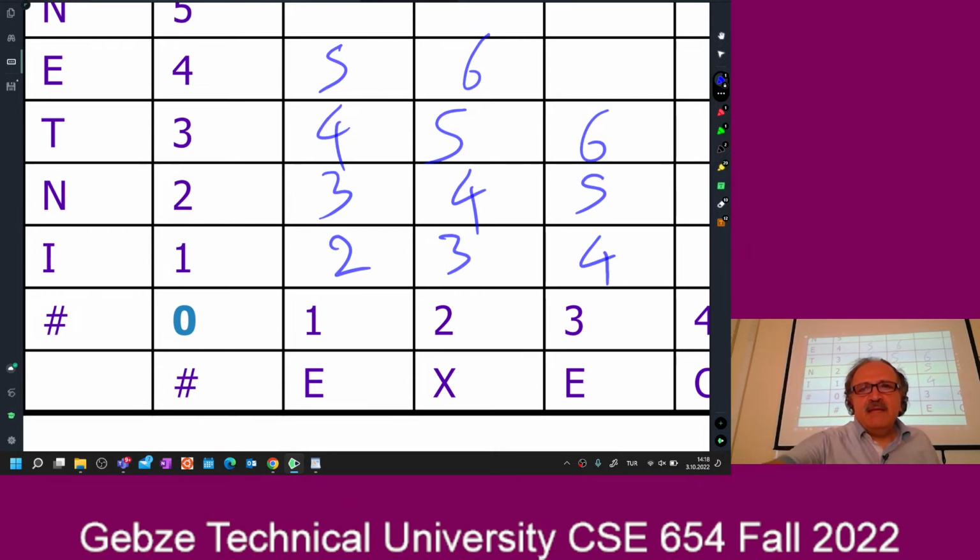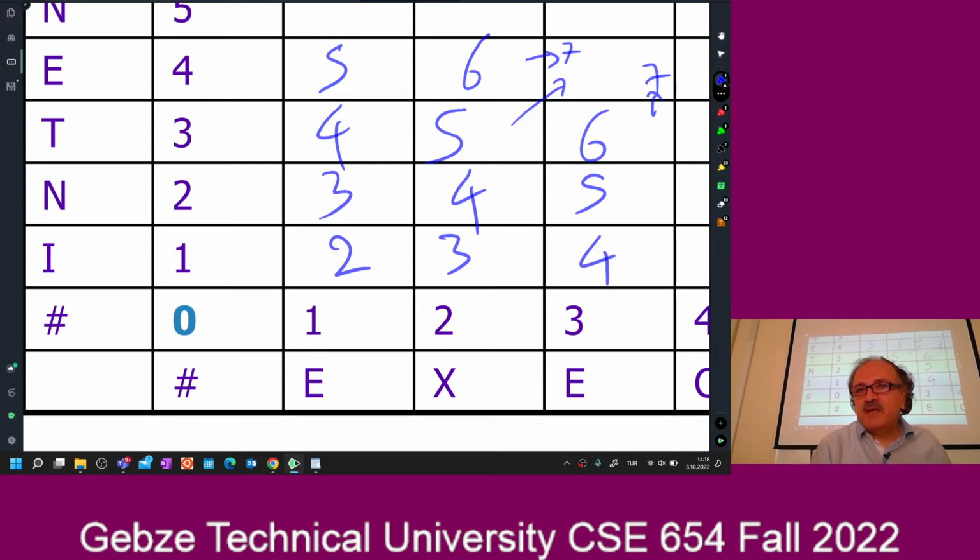If I delete this E, I can come to this place and it would be a 7. If I insert an E, I would come to this place and it would be a 7. But if I do this replacement, the cost of this replacement will be 0. Why?